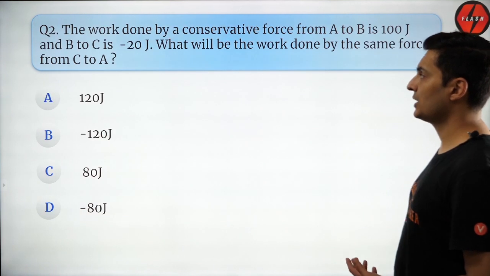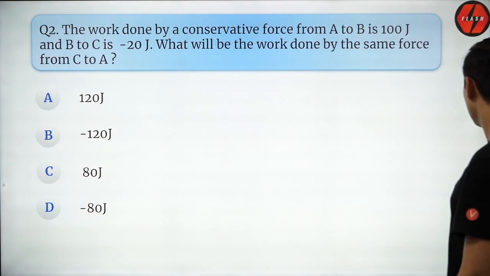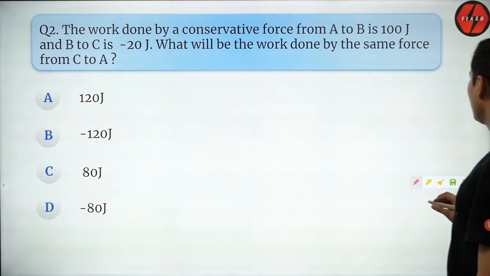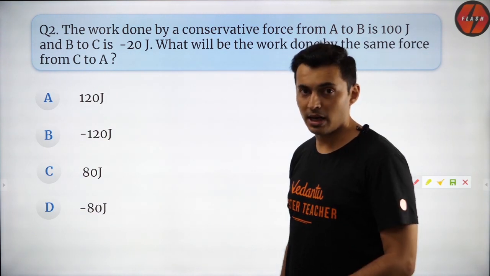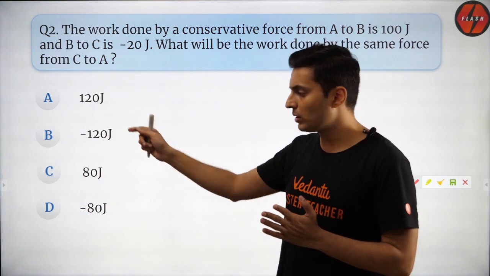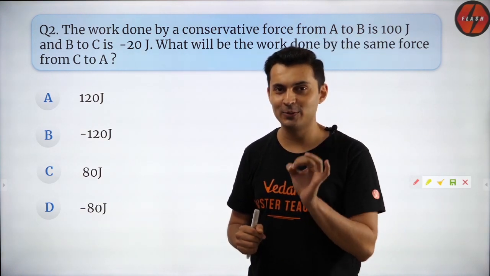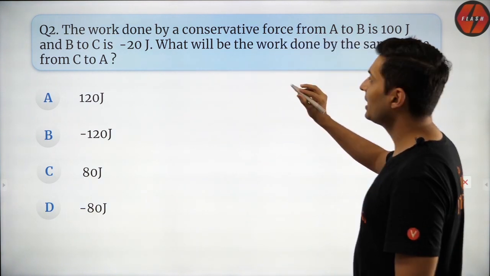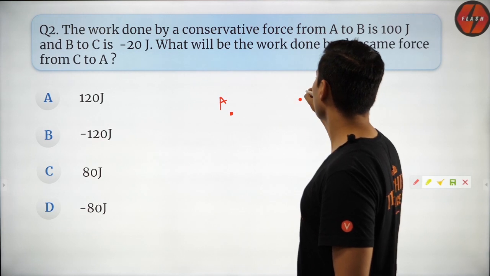Let's go to the next objective question. It says the work done by a conservative force. Now remember, conservative forces are those forces whose work done does not depend on the path. That's very important. And also, if you come back to the same point, the total work done is zero. So that is what a conservative force is. Let's show some random points and see what is happening.